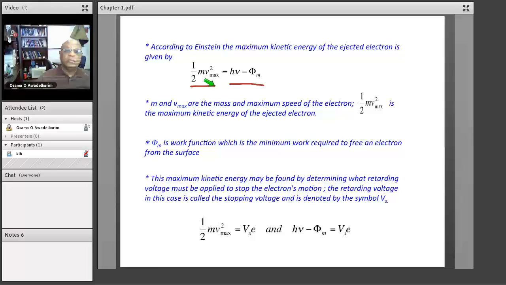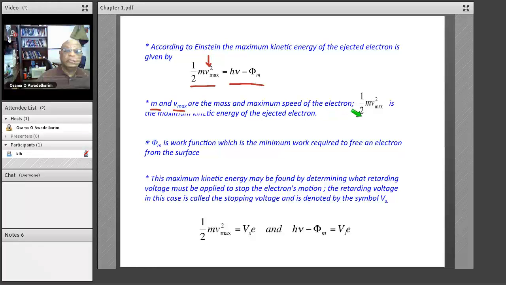So if there is no loss in energy, then this is actually the maximum kinetic energy that an electron can have, okay? Which is half m v max squared. Here, v max is the maximum velocity of the electron. So m is the mass and v max is the maximum speed of the electron.